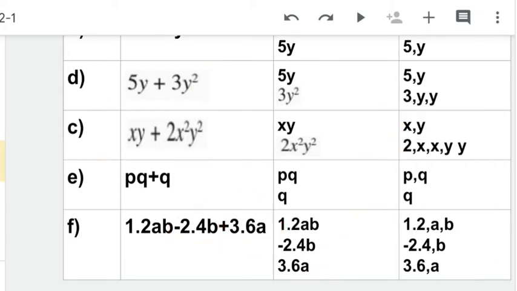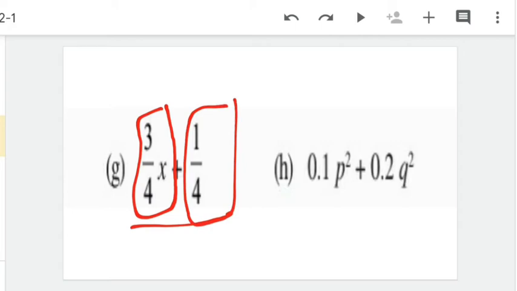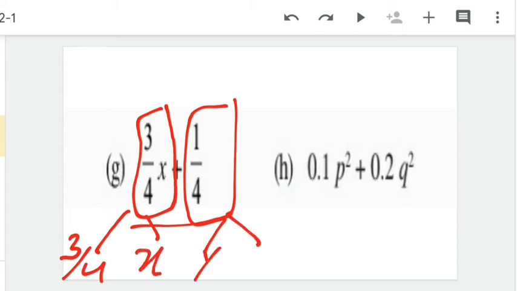Okay. Now let's move on to the other part of the same question. The last two parts are 3 by 4 x plus 1 by 4. So here we have two terms. The first one is 3 by 4 x and the second term is 1 by 4. The factors of the first are 3 by 4 and x, and the factors of 1 by 4 are 1 by 4 and 1.